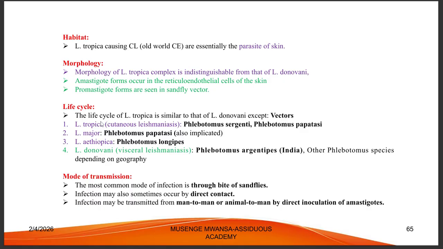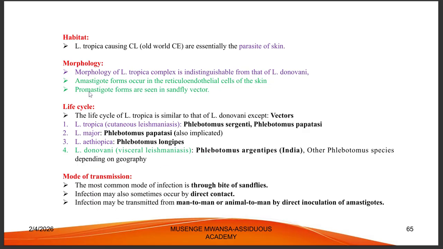And then for Leishmania tropica, the vector here is Phlebotomus sergenti, Phlebotomus papatasi for Leishmania major, and Phlebotomus longipes for Leishmania ethiopica. In other words, the vector is still the sandfly, but you have got different species.